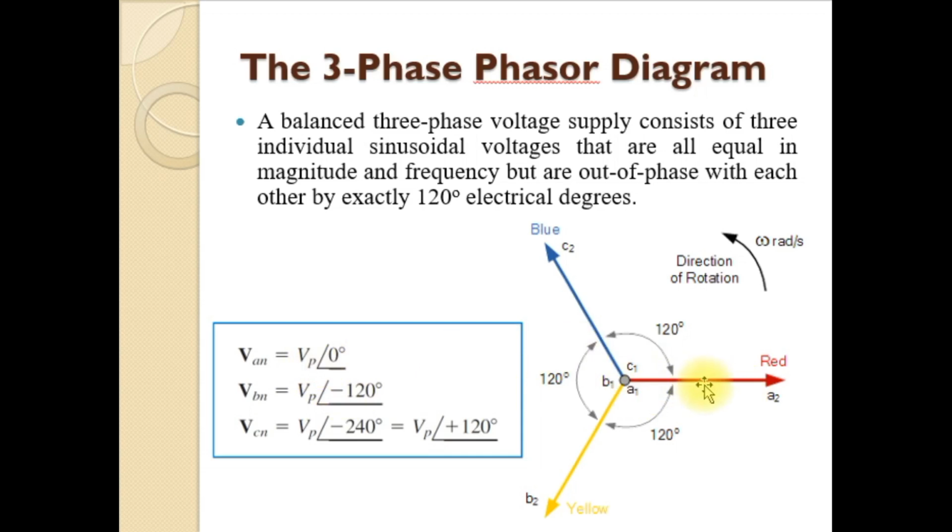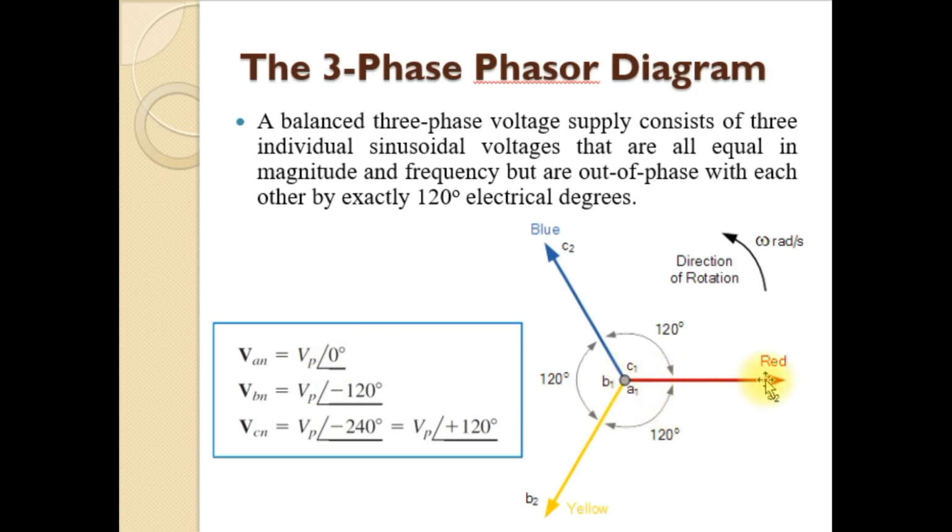As we have seen, the voltage on the second coil will be lagging with respect to the first coil by an angle of 120 degrees. So that phasor can be represented as VBN is equal to VP angle minus 120 degrees. From here you can see that the second waveform is lagging with respect to the reference or the first waveform by 120 degrees, and that is represented here.